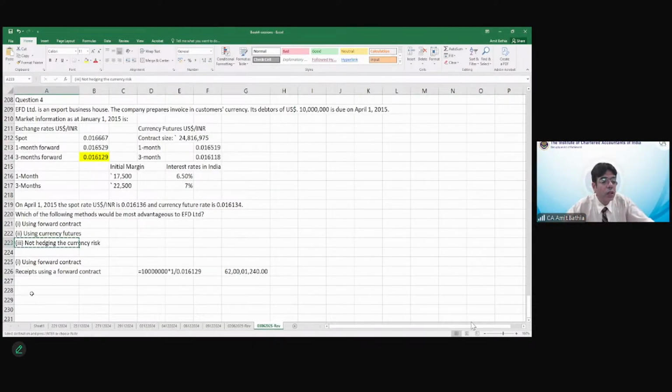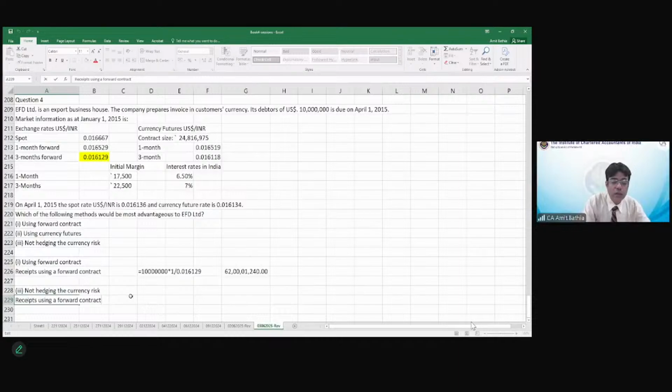Now I'm going to go to the third option, which is not hedging the currency risk. In that case, what will be my receipts? Remember, as I mentioned earlier also, in the examination, I need to be a bit pragmatic, not get too emotionally pulled in. So I'm going to take the low-lying fruits first, right?